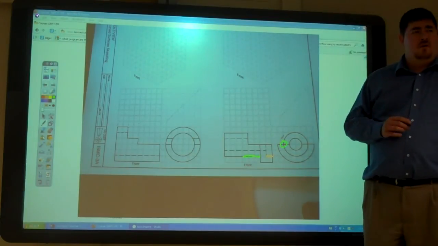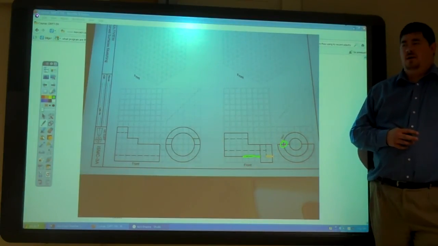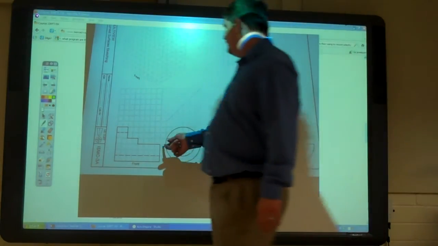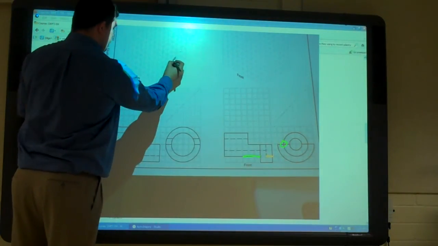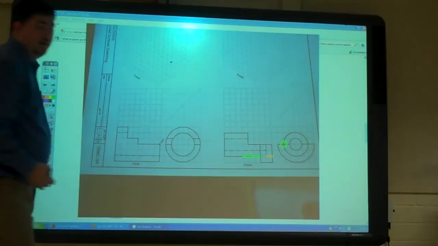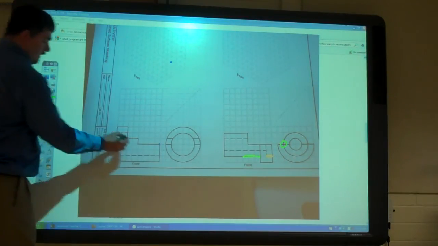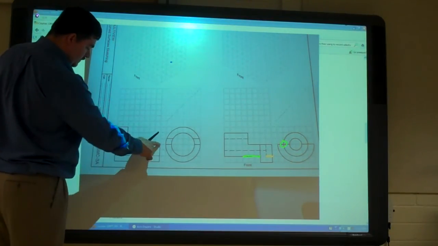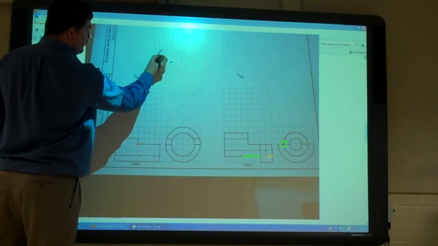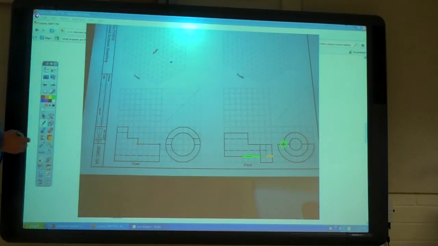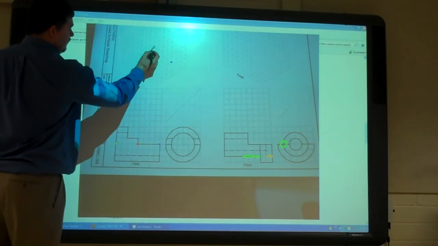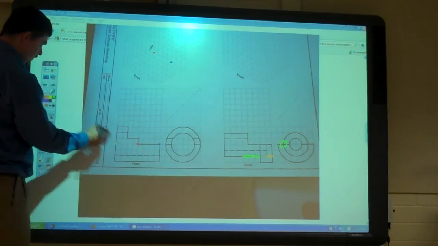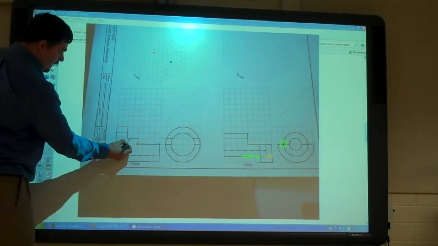But on these, since I don't have anything straight to start with, how am I going to start? Center. Just finding my centers, right? Yep. So like on this one, I'm going to have a center point here for that center, right? Yep. I have a center point here that's 4 back. 1, 2, 3, 4. There's that center. Another 4 back. Or, no, 2 back.